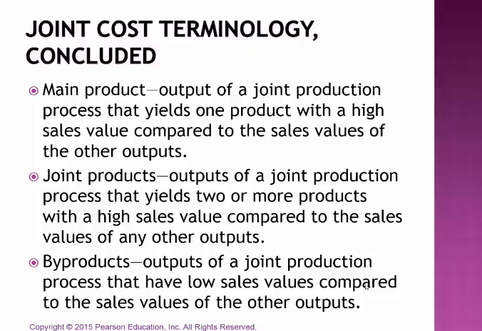And these are outputs of a joint production process that have low sales values compared to the sales values of the other outputs. I want you guys to also understand that in some specific industries, we may have some outputs that actually have a negative revenue because their disposal costs, such as the cost of handling of non-sellable toxic substances, require special disposal procedures.